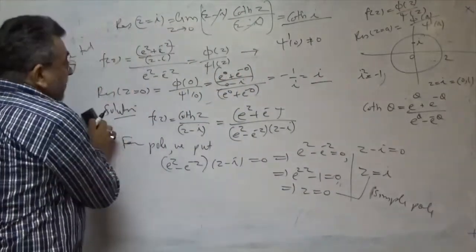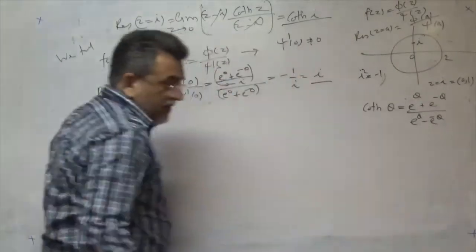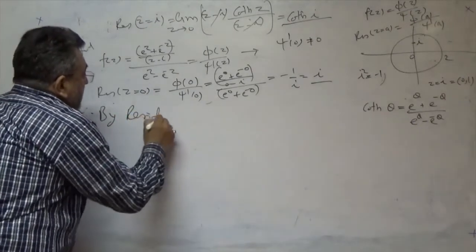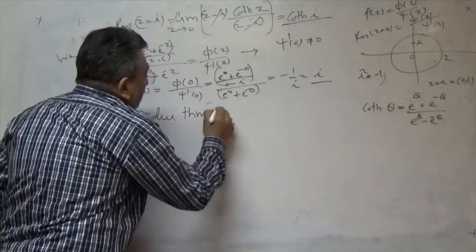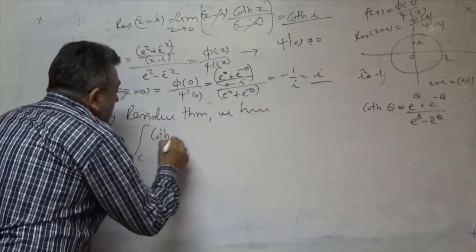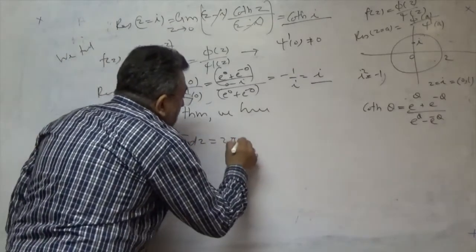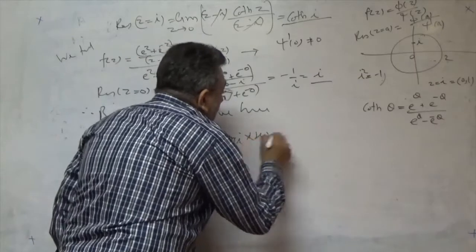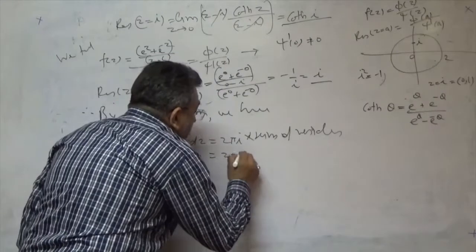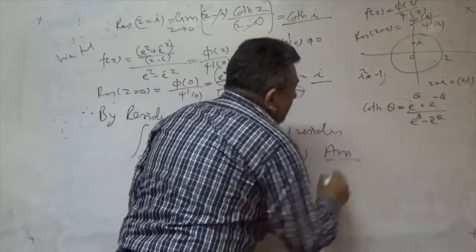Now by Cauchy's residue theorem, the value of given integral is, therefore by residue theorem, we have given integral C cot z upon z minus I dz equal to, by formula, 2 pi I into sum of residue, that is 2 pi I cot I plus I. This is your answer, right?